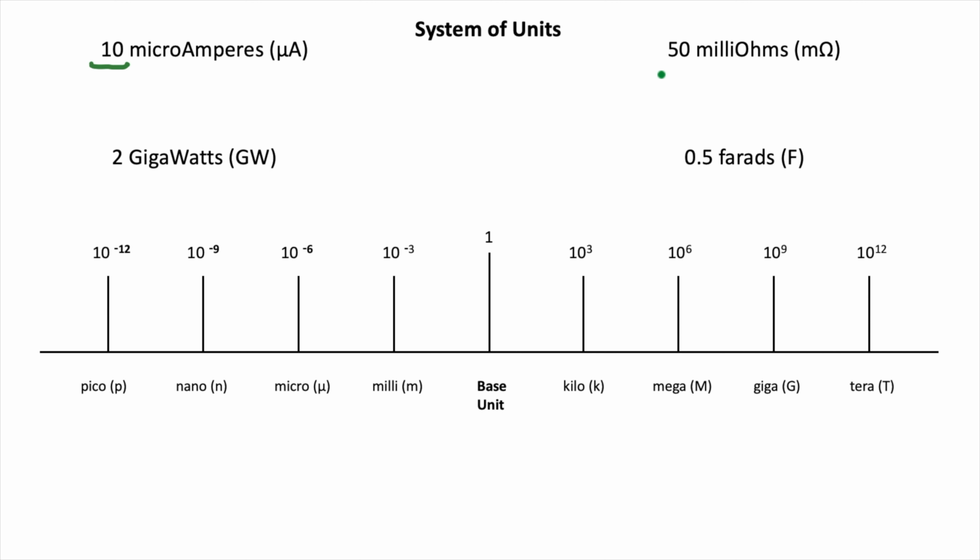Our measurement aspect on this expression is 50. The measurement here is 2. And the measurement here is 0.5. So that's our measurement, our measure. This tells us how much, once again.